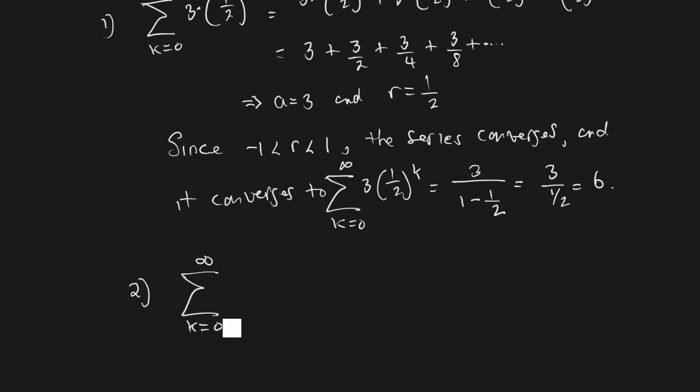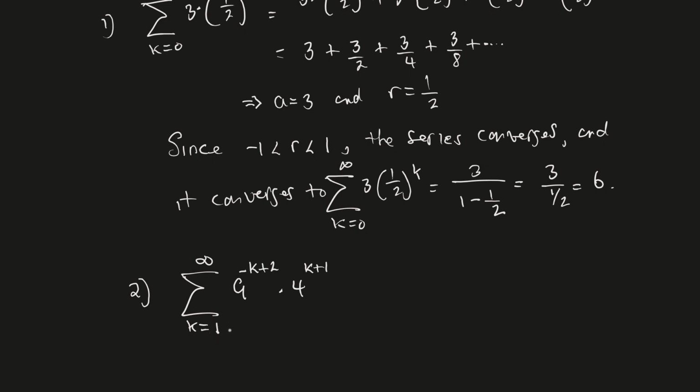Actually, let's start this one at 1, just for kicks. And then we have 9 to the negative k plus 2 times 4 to the k plus 1. You can see this one is certainly not in that standard form for several reasons.